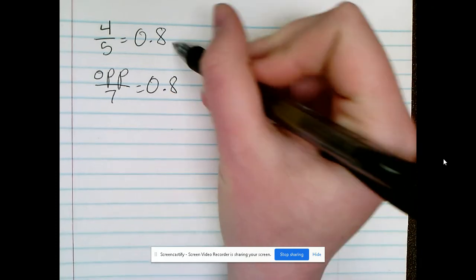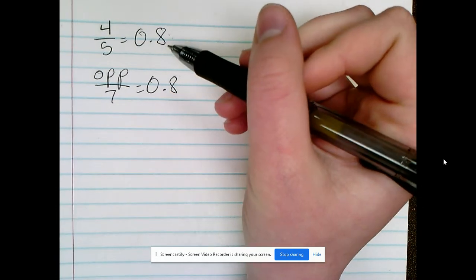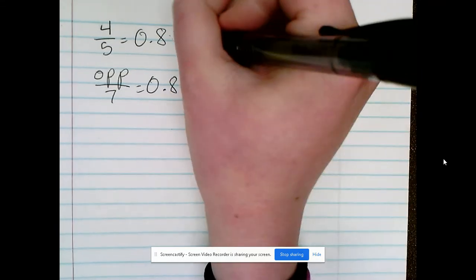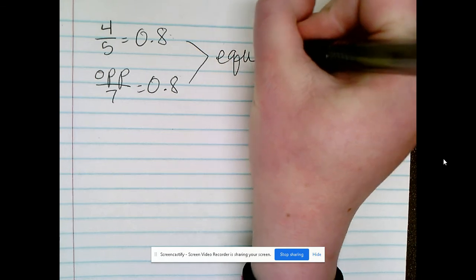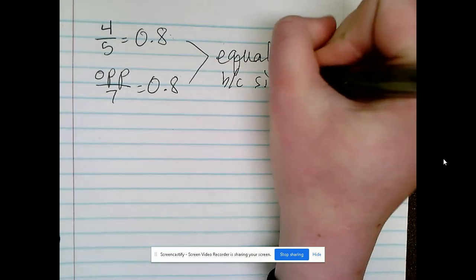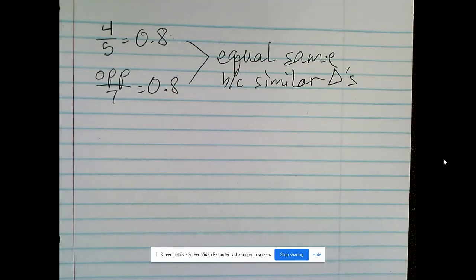They're both going to equal the same number because they're similar triangles. And we know they're similar triangles because they're both right triangles and they share an angle measurement.